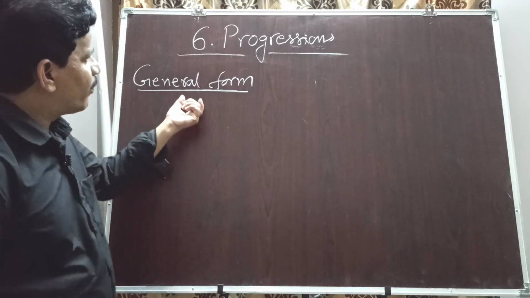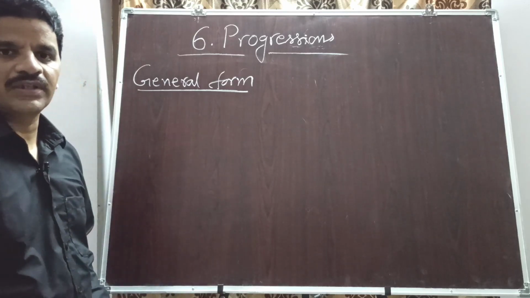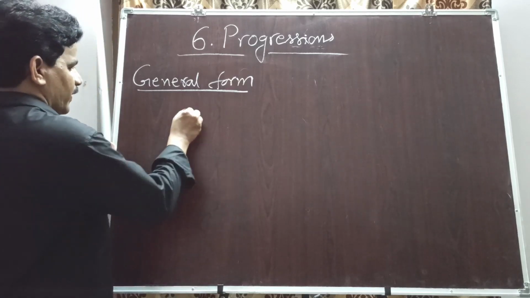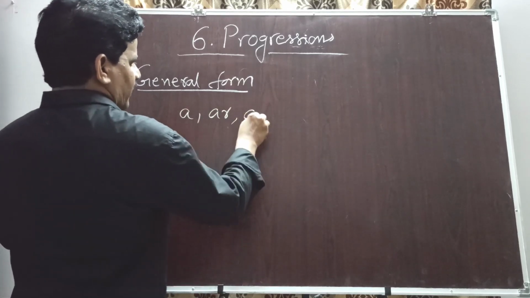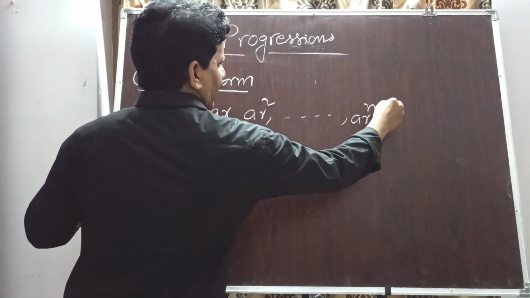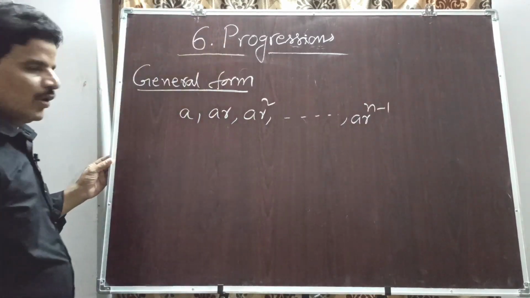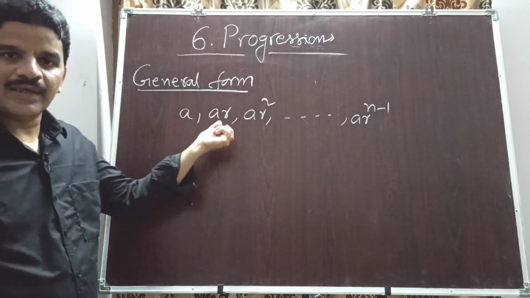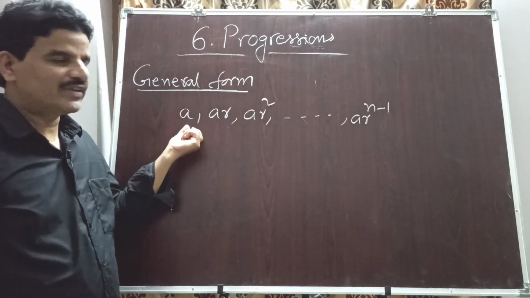Now the general form of geometric progression. The general form is given by a, ar, ar square and so on, ar power n minus 1. This is a geometric progression because each number is obtained by multiplying the previous number with r.